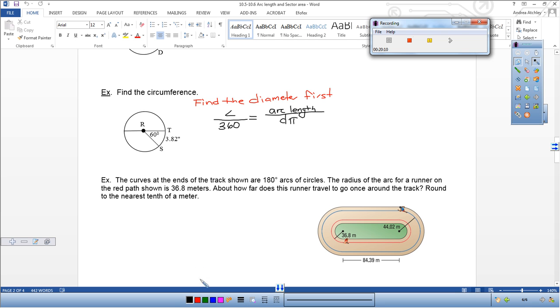Okay, so I'm going to fill it in. I have my central angle of 60 over 360 equals the arc length they gave me of 3.82 divided by diameter.